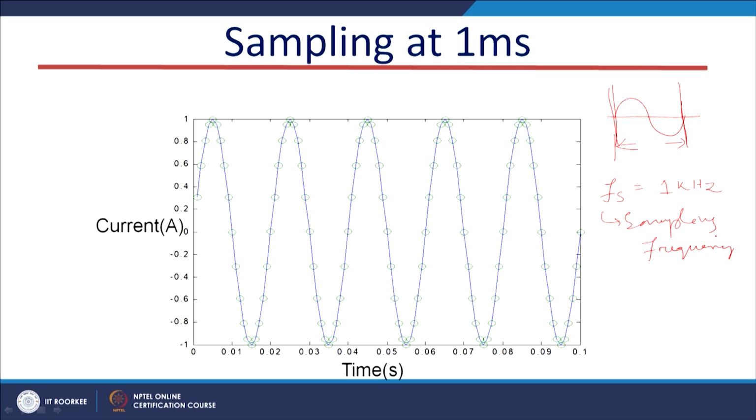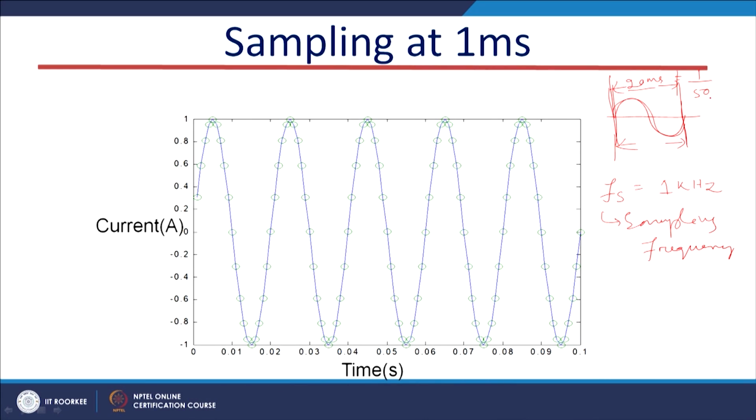Now, if the sampling frequency is 1 kilohertz and we have a 50 hertz voltage signal, what is the time period of this signal? That is 20 milliseconds: 1 divided by 50 hertz, because 1 upon frequency is the time period.